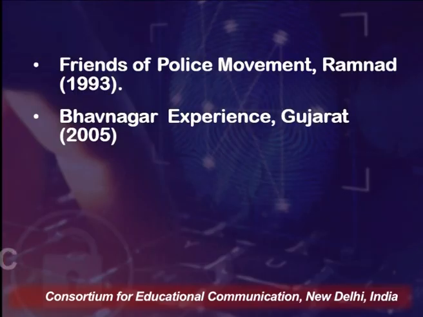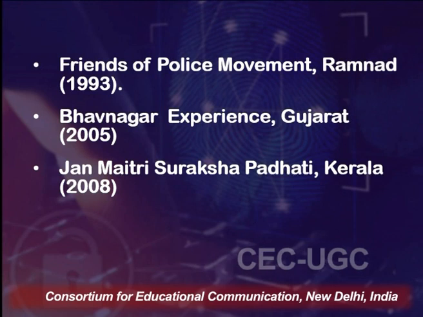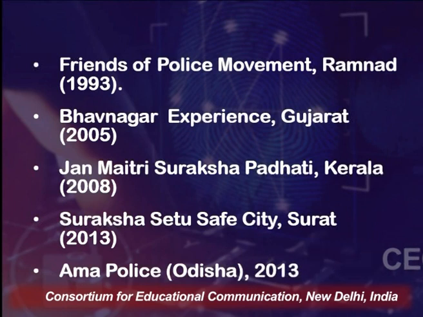Community policing, as defined in 1971, was experimented with in India, and the experiments were really successful. Certain examples were the Friends of Police movement, conducted in the year 1993 at Ramanathapuram, the Bhavnagar experience in Gujarat in 2005, Jan Maitri Suraksha Padati in Kerala in 2008, Suraksha Setu Safe City, adopted by the city of Surat in 2013, and Amma Police in the same year 2013 by the state of Odisha.